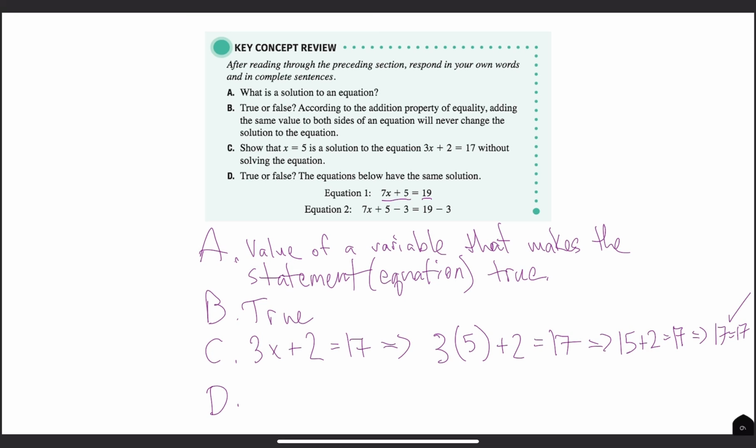The only thing that's different is that 3 is being subtracted from both sides. Well, as long as it's being subtracted from both sides, it doesn't change the solution, the value of the solution. So the equations have the same solution? True.